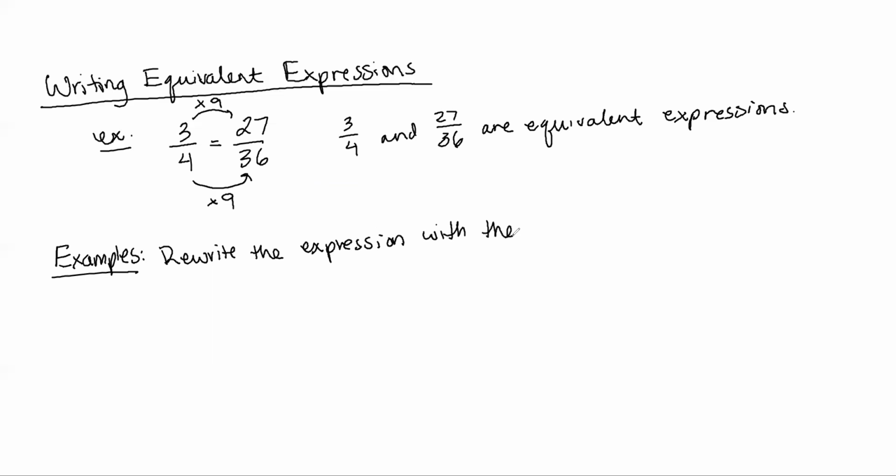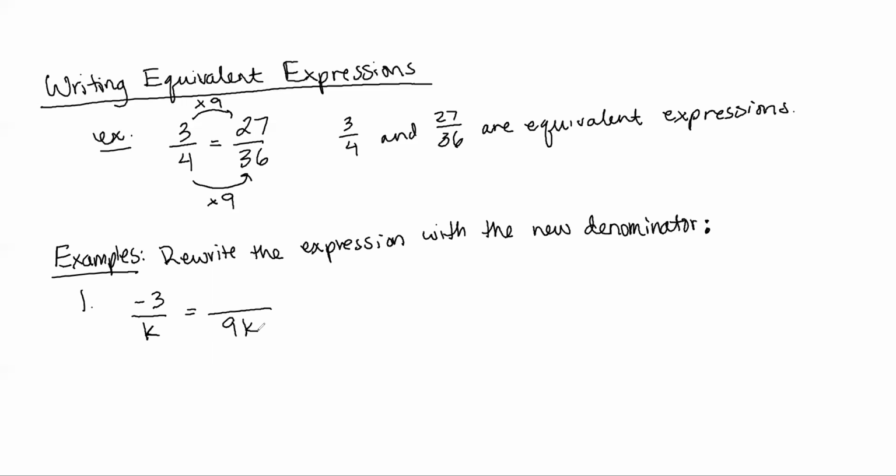So exactly what we just did with this fraction up here, except now we're going to deal with some factoring and a lot of variables. All right, but let's start off with one that's a little bit easier. Let's go ahead and do -3 over k, and we want to rewrite this with the denominator 9k.